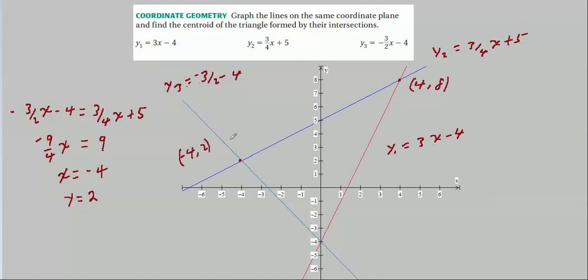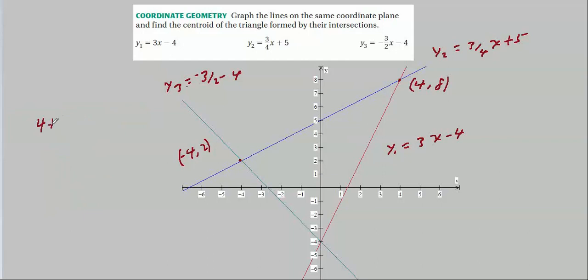What about the midpoint? Well, now that we have 2 points, we can get a midpoint. I'll work over here again. Remember, our midpoint is just the average. We'll take the x-average, 4 plus minus 4, over 2.